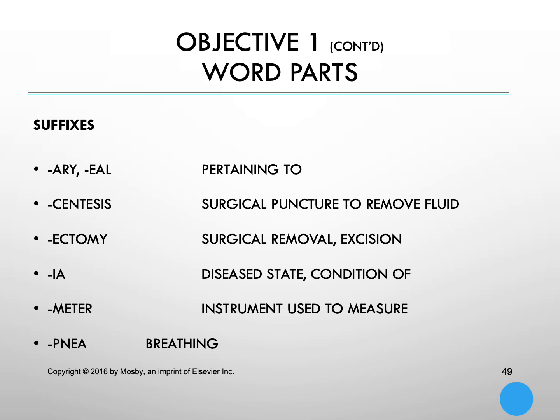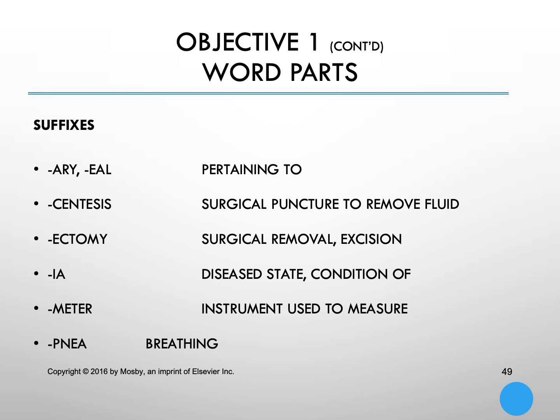All right? Ectomy is surgical removal or excision of. Now, don't get this one confused with tomy. Remember, cut into me, right? That's the incision into. But when we're talking about ectomy, we are taking something out. Okay, we're removing something, like pneumonectomy, right? That would be the removal of a lung.